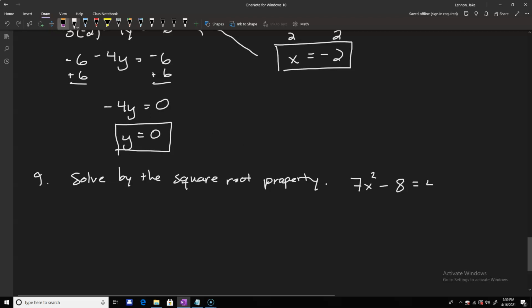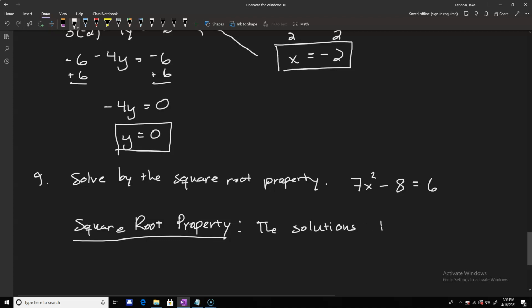Or let's not say 41, let's just say 6. But the square root property, that's all it says is the solutions to something, any algebraic expression, something like a squared equals k, are a is equal to plus or minus the square root of k.